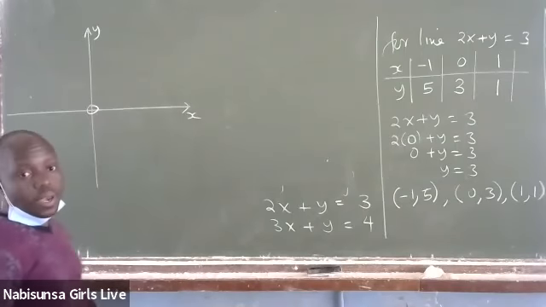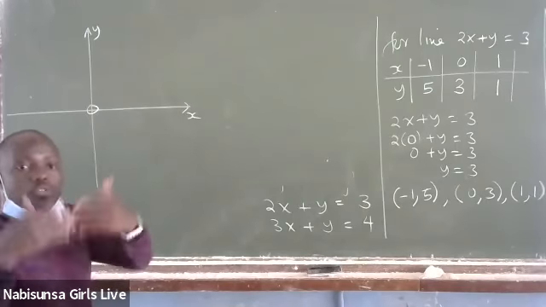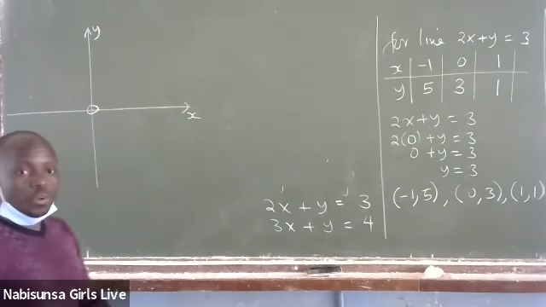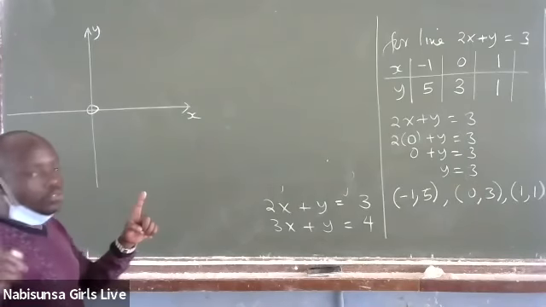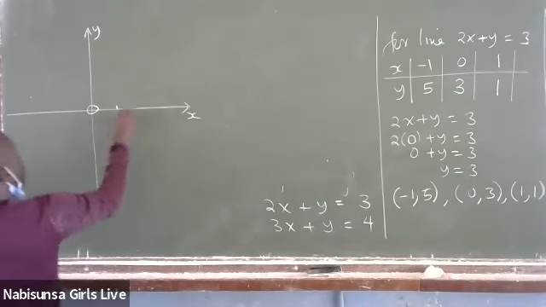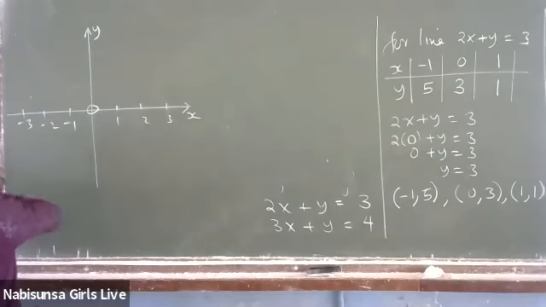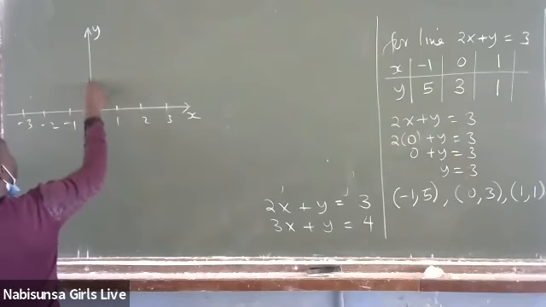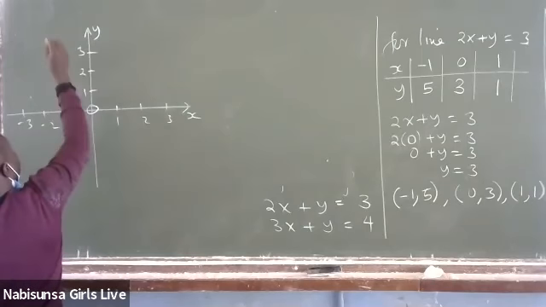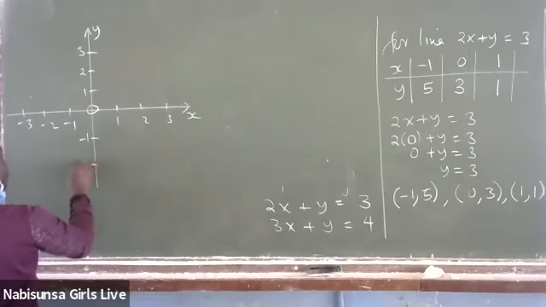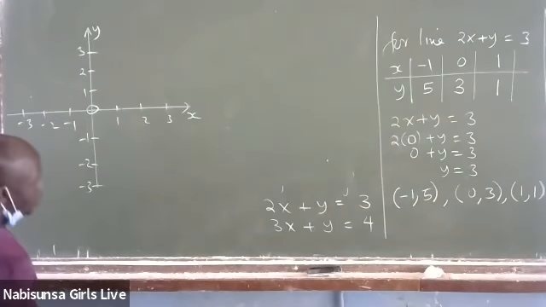I'm also drawing mine, which is not accurate, but you are drawing one which is accurate. Make sure your scale is uniform, whereas you count 1, 2, 3, and so on, minus 1, minus 2, minus 3, and so on. If you choose a scale of 2, use 2. A scale of 1, use 1.